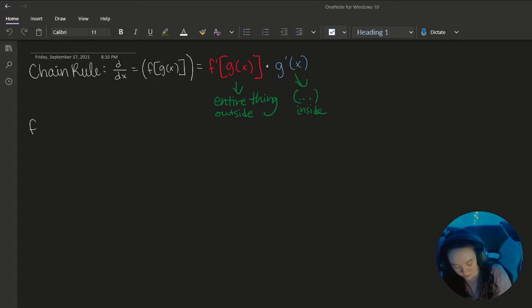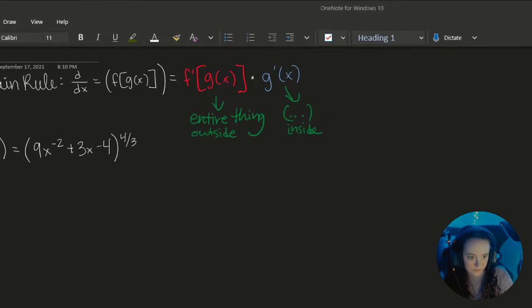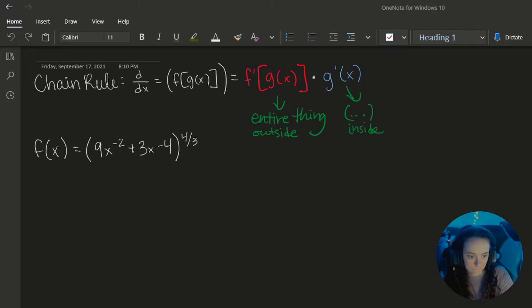So f of x equals, parentheses are important, 9x to the negative second plus 3x minus 4, all raised to the 4/3 power. Okay. Let me zoom this in a little more.